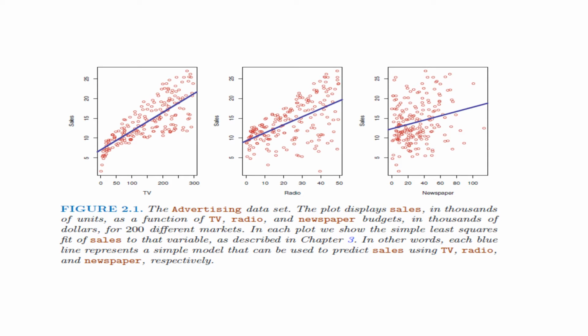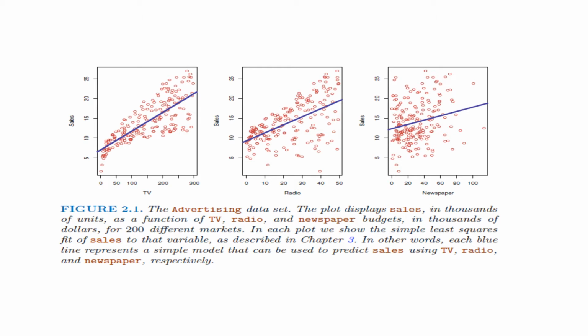You can see the advertising data set in Figure 2.1. The plot displays sales in thousands of units as a function of TV, radio, and newspaper budgets in thousands of dollars for 200 different markets.